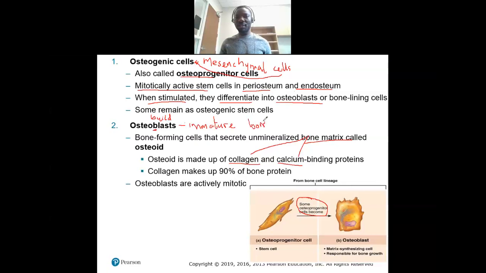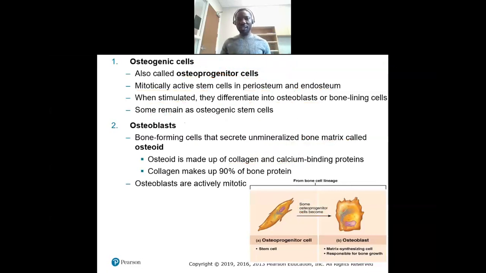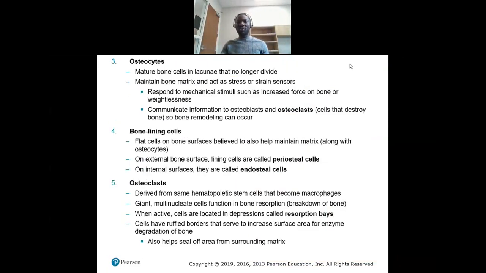So osteoblasts are immature bone cells. And these cells are going to differentiate as well and give rise to the cells that are the mature bone cells, which are the osteocytes. So osteocytes are mature bone cells. You see that? They are mature bone cells.